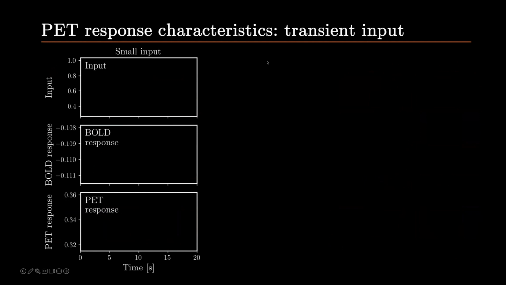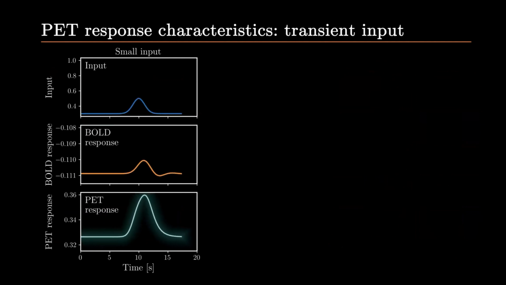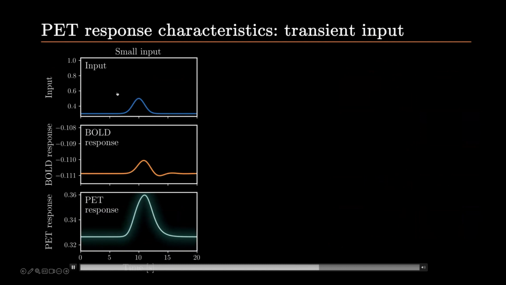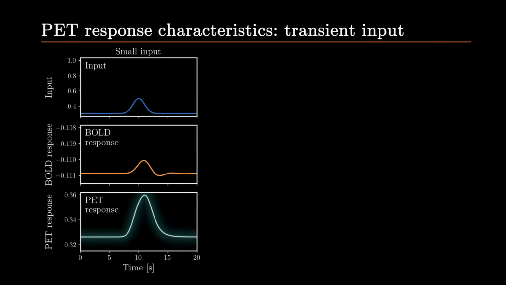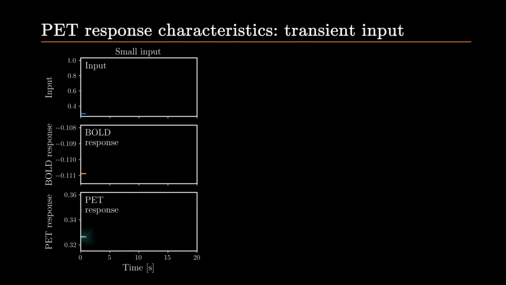First, let's take a transient input, to be precise, a simple Gaussian pulse with a specific amplitude. This is the input on the top panel. For comparison, we see the bold response, like the fMRI response, based on the recent model in TVB of bold.